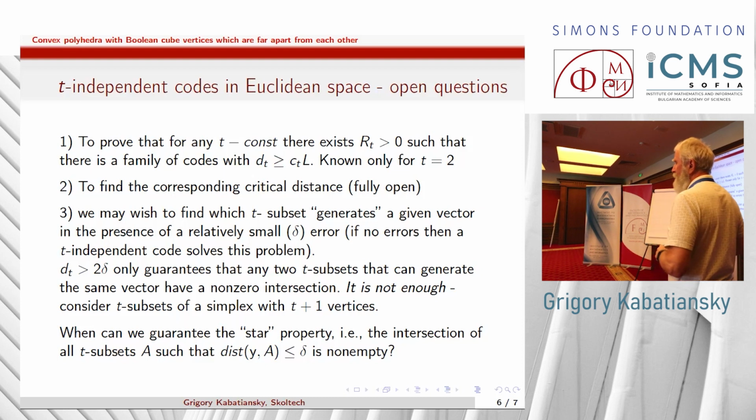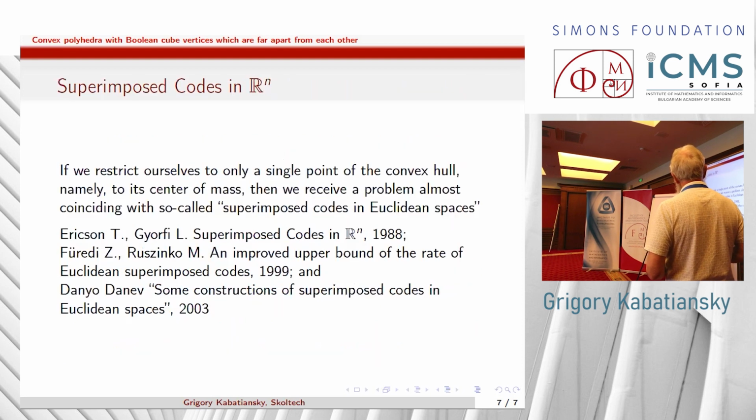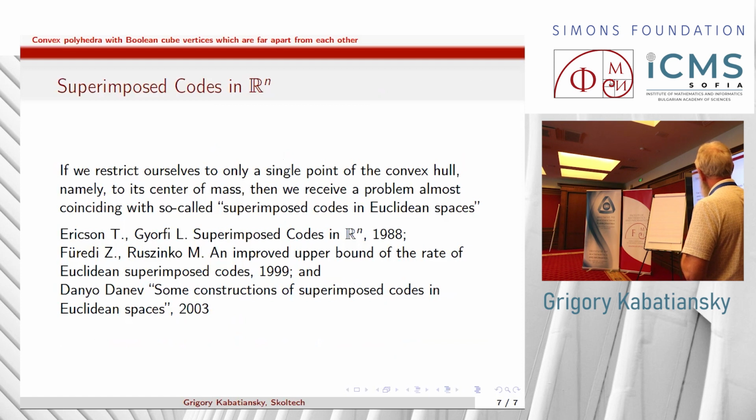And something about a similar problem, but we will see that there is a big difference. There is such a notion, superimposed codes in Euclidean space. It started from the paper of Ericson and Györfi. Then Füredi and Ruszinkó improved the upper bound.